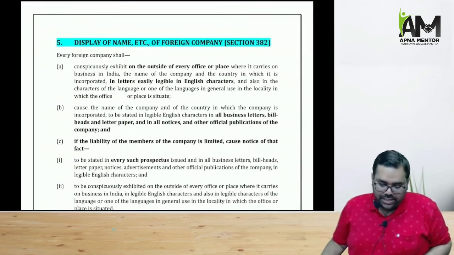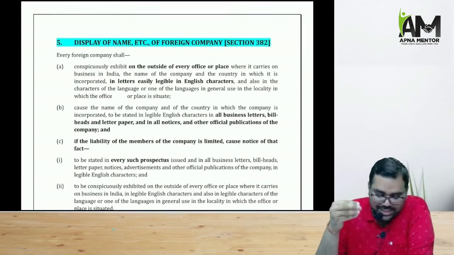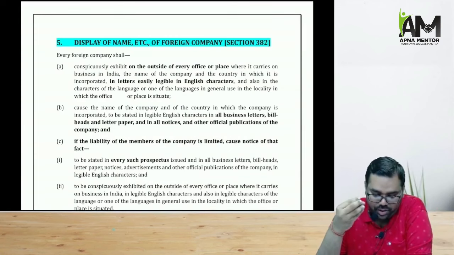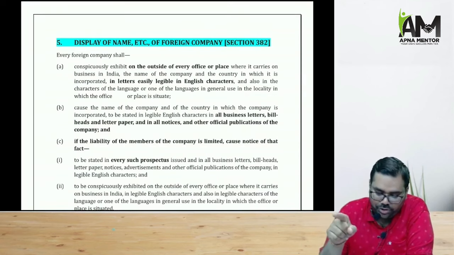So every foreign company must conspicuously exhibit, that is clearly exhibit, on the outside of every place or office where it carries on business in India, the name of the company and the country in which it is incorporated.